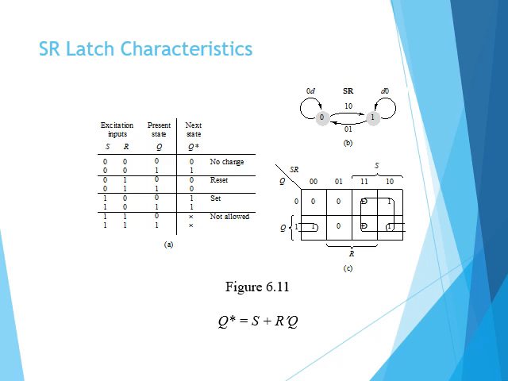The final expression is Q next equals S plus R dash into Q. This is the final expression of the SR latch. The final expression is important in CMOS implementation. Only after that are we able to implement the CMOS implementation.